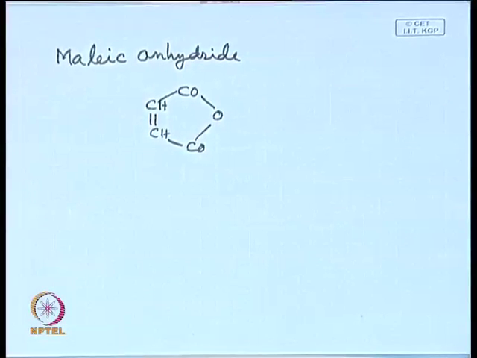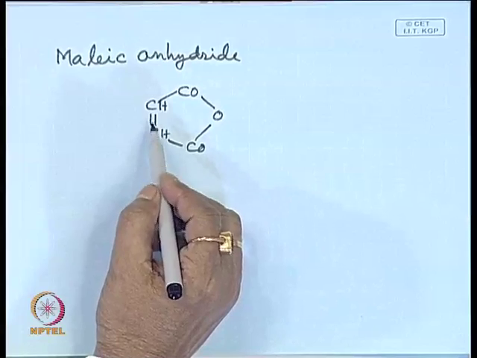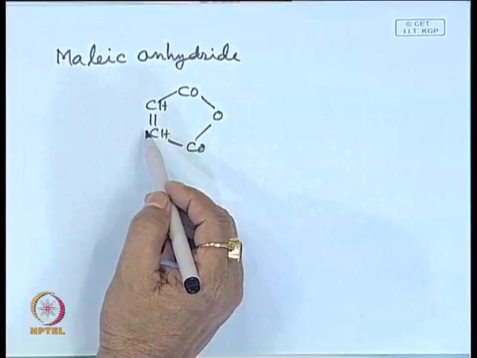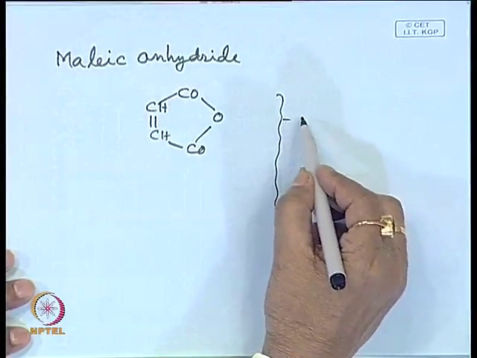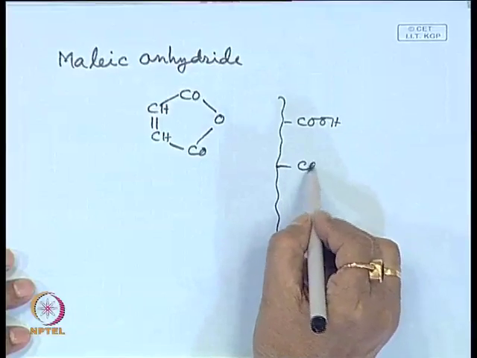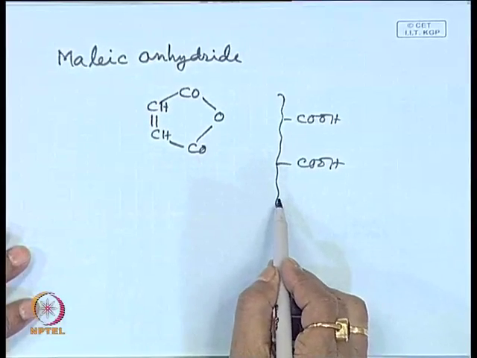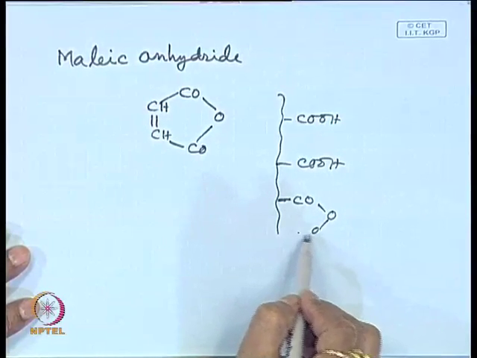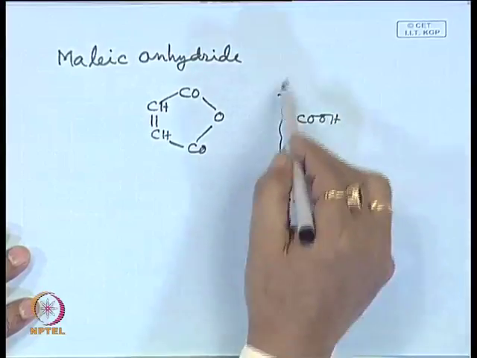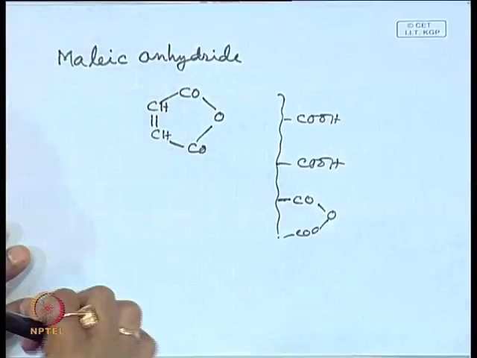If it is hydrolyzed, it will form maleic acid, retaining the double bond. If this thing is grafted onto polyethylene or polypropylene, what will be there? So, this is polyethylene polypropylene, onto which you will get like this, or sometimes if anhydride is kept in dry condition, one can get like this. So, some part of the polyethylene molecules are made polar, that means polarity of the system is increased.